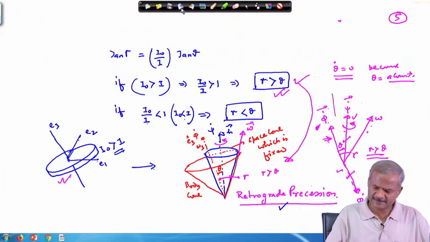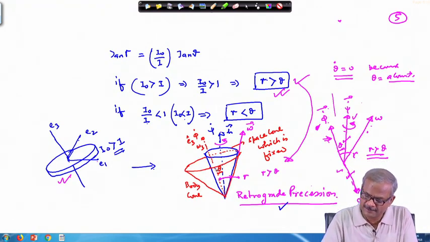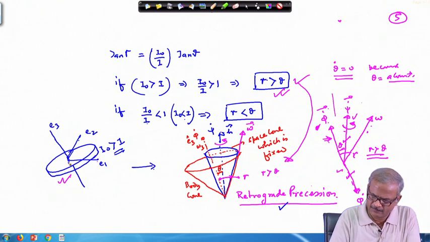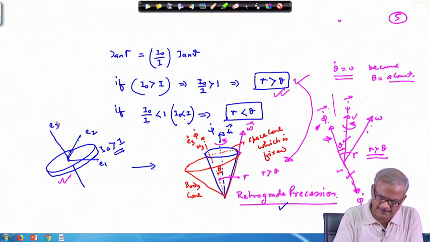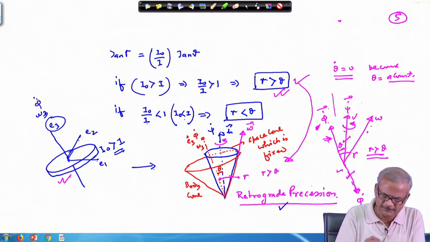Say here, once we are describing in terms of this, what it has shown is that this red color cone is signifying your disc. Along the E 3 direction itself your omega 3 is there, then phi dot is also there.